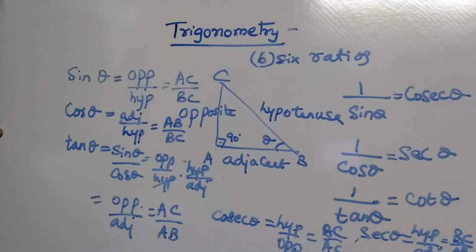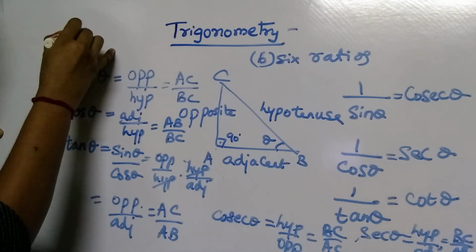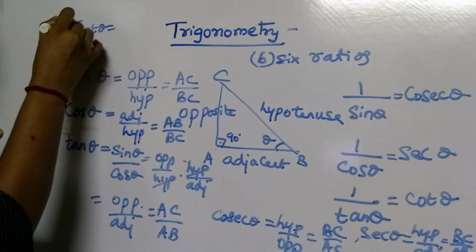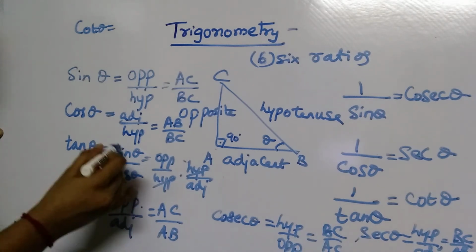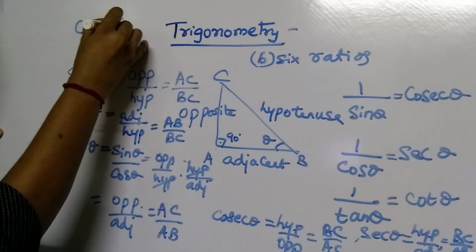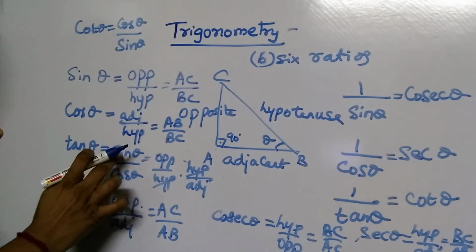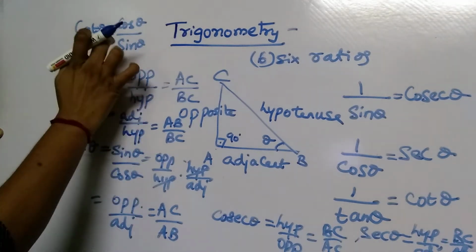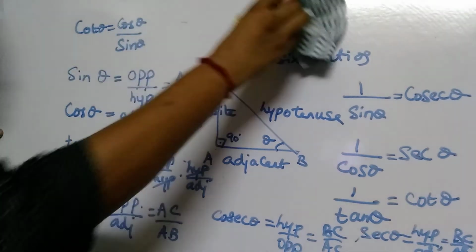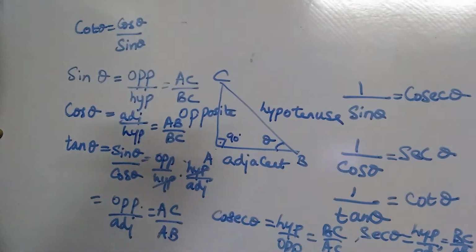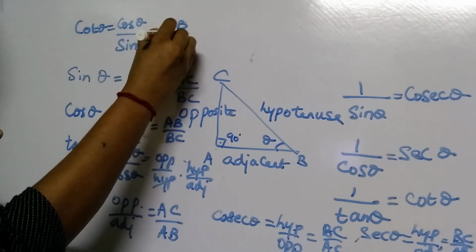Is it clear? The last one is cot theta, the reciprocal of tan. Tan is sine by cos, so cot is 1 by sine by cos, that is cos theta by sine theta. Sine comes to the denominator and cos to the numerator. Here, instead of AC by AB, it is AB by AC.